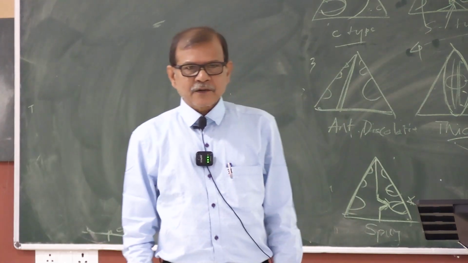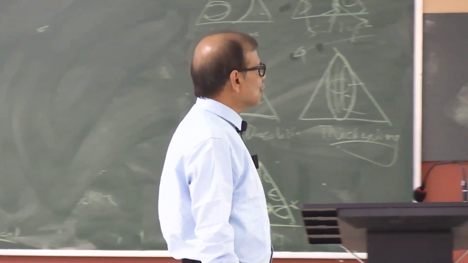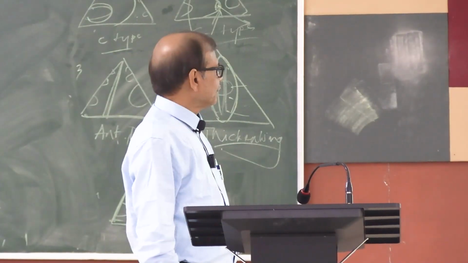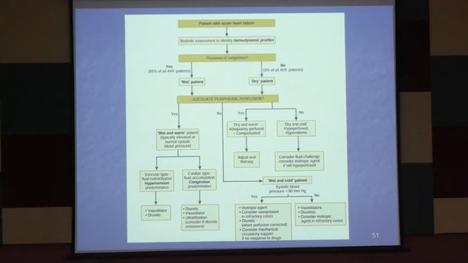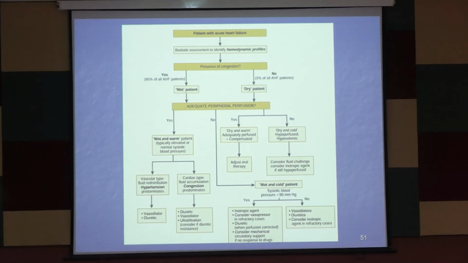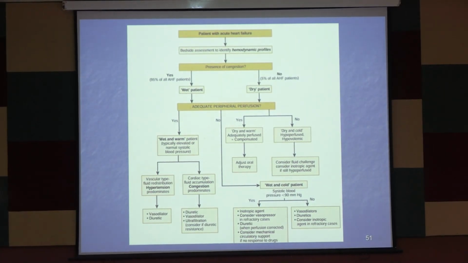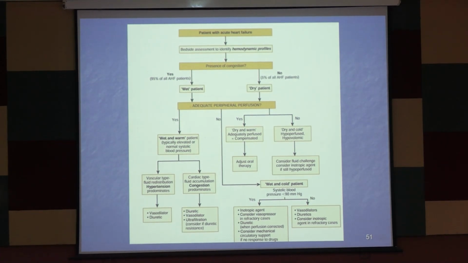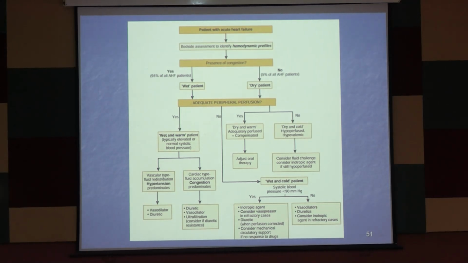Now, absence of adequate peripheral perfusion constitutes the subset of wet and cold. That means both the presence of congestion and hypoperfusion. That is equivalent to the hemodynamic profile of PCWP more than 18 millimeter of mercury and cardiac index less than 2.2 liter per square meter of the body's surface area.